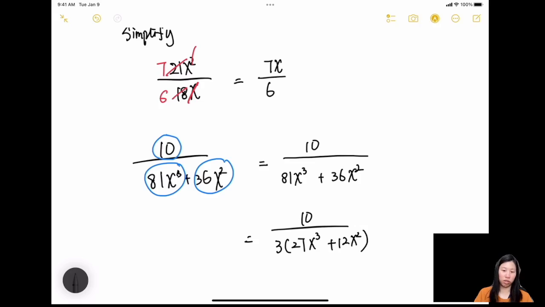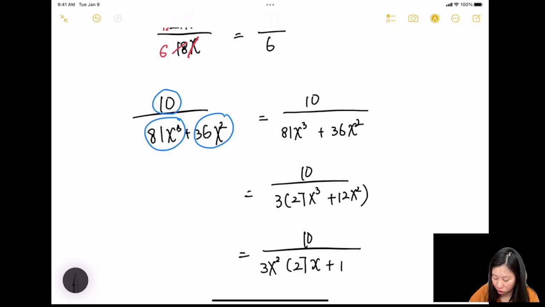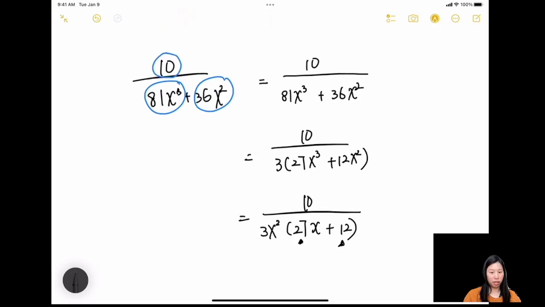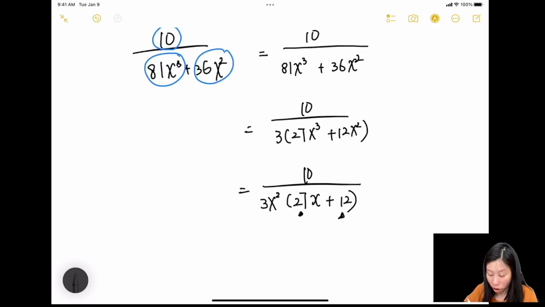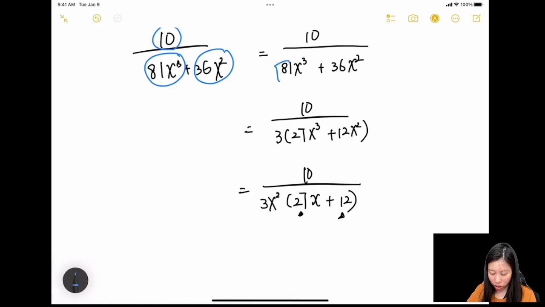Of course, x squared can also be factored out as 3x squared, and then I have 27x left plus 12. Oh, they can also factor out another 3, right? 27 and 12. Oh, you know what?